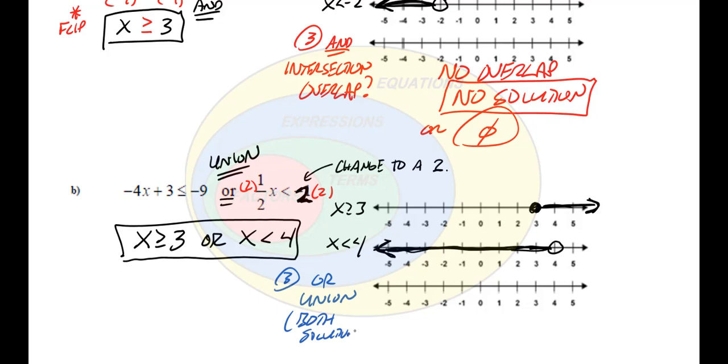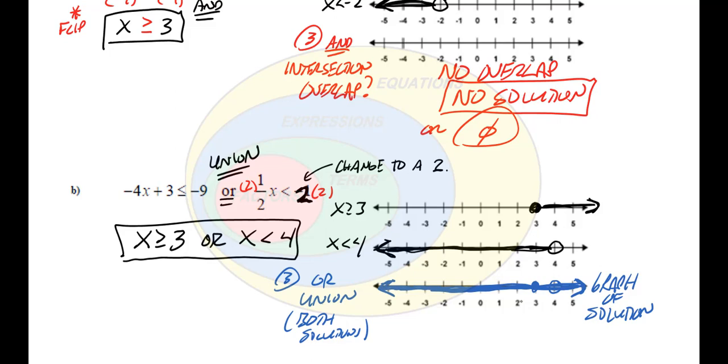So the solution includes both of these. If I graph the first one, x is greater than or equal to 3, and then on top of this line graph everything less than 4, you'll notice that the number line is completely filled in. This is the graph of our solution. If I'm looking for a union, it would actually involve everything.